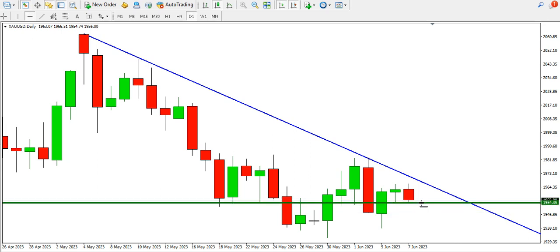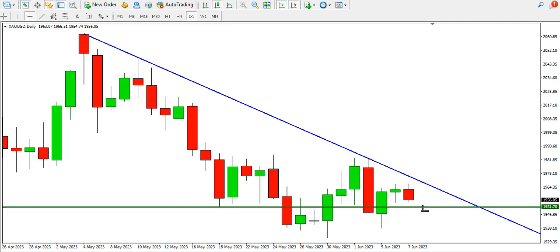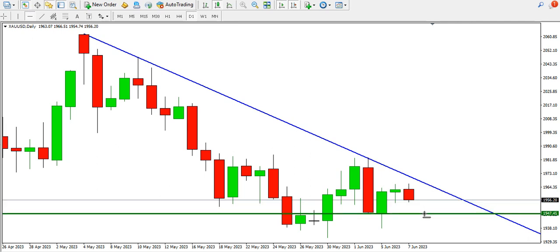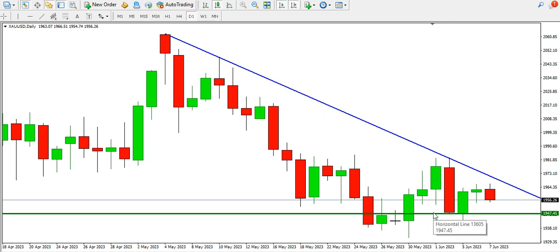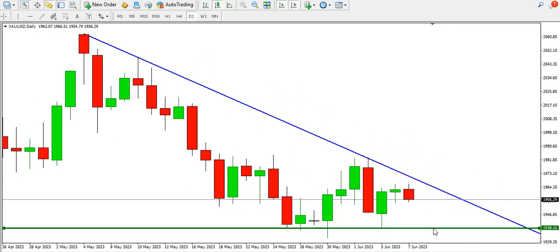If price breaks below the low, I'm talking about if price breaks below the 1954 level, price might drop to the close of this particular daily candle, the closing level, which is 1947, before price drops further to the 1938 level. So more like this particular descending trend line is being respected for now, as it appears as if the bears have come into the market.